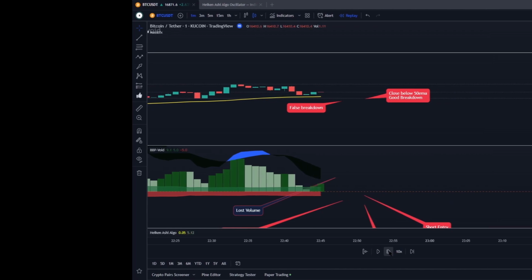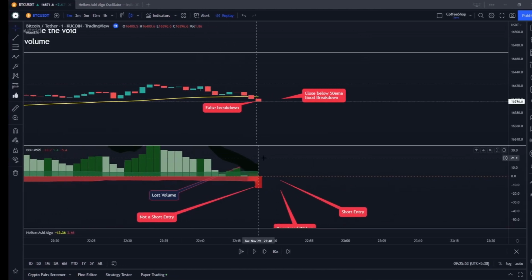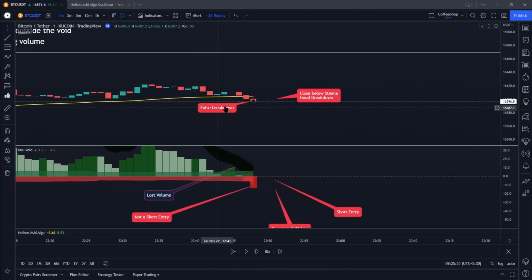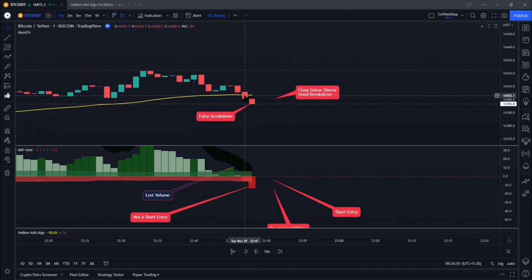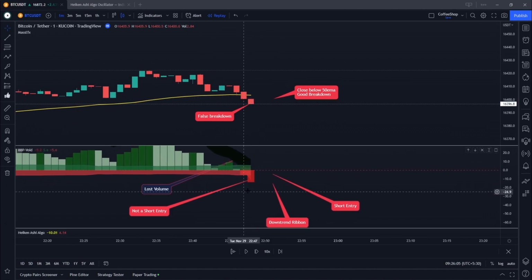I'm just going to skip forward a little bit to this price action right here. Here we go. Now, what you have here is a false breakdown. In other words, price is closing below the 50, right? You can see it closes below the 50 and it closes below the 50 again. But again, here you have a bar that closes below the void, right?